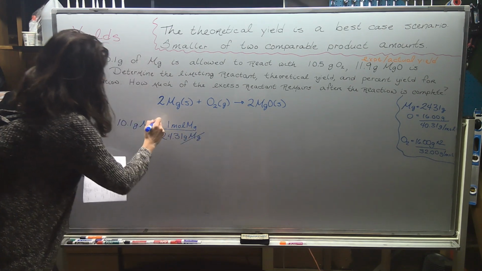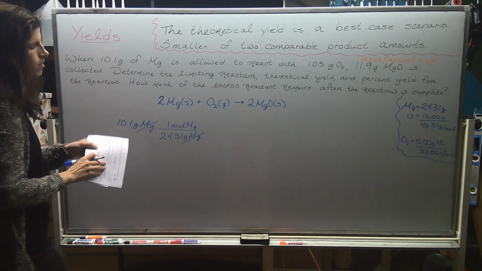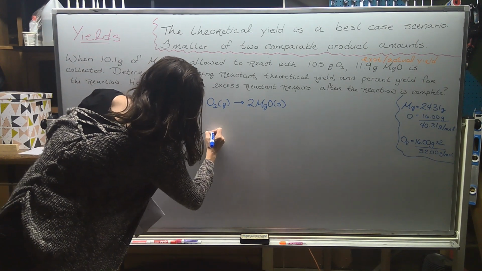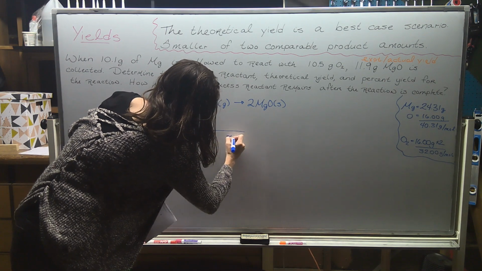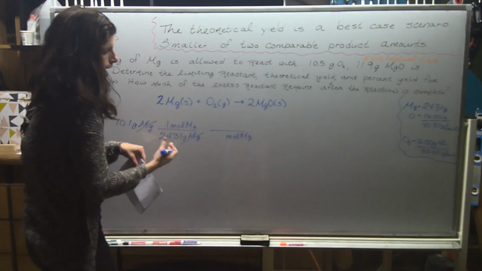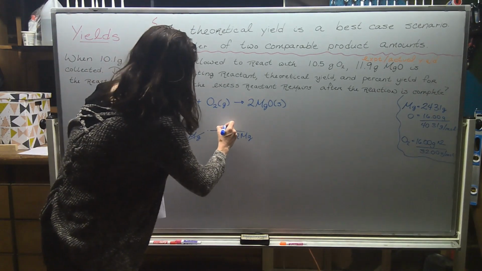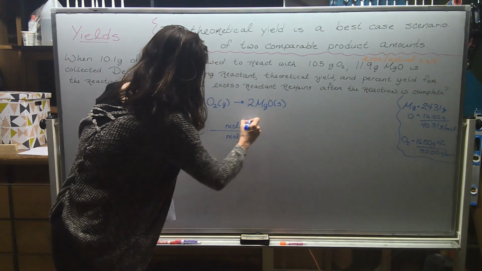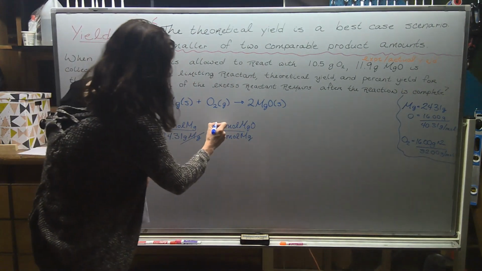Alright, so now that we're in moles of magnesium, we can grab those coefficients from the balanced equation. So I want to get rid of moles of magnesium. Remember, we always have to go to product in these problems. So I'm going to change this to moles of magnesium oxide. And it's a 2-to-2 ratio.